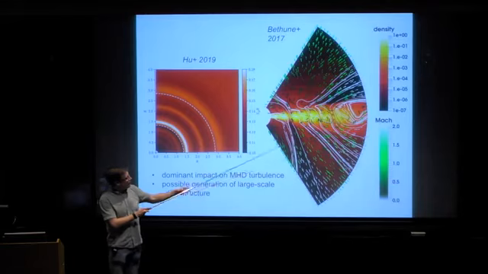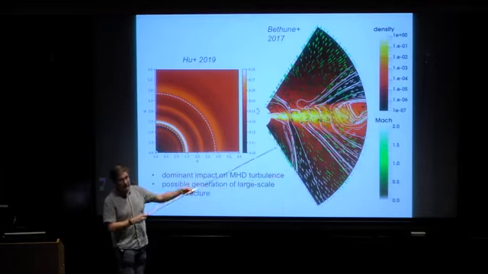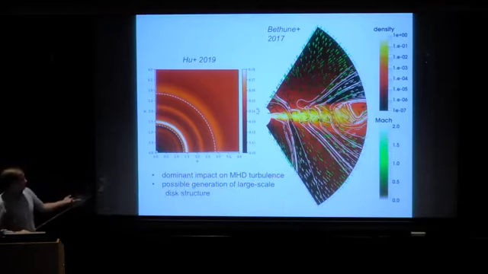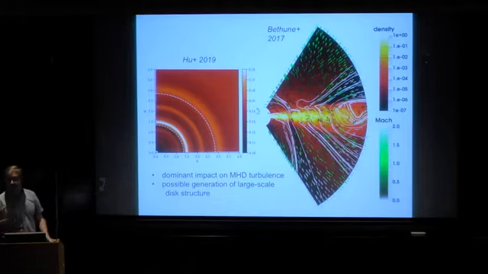Here's a model with less complicated chemistry. You can see this has a net field threading it, so the white lines here are the magnetic field. And what you could basically say is that these non-ideal terms in the MHD limit have, as expected, a dominant impact on MHD turbulence.